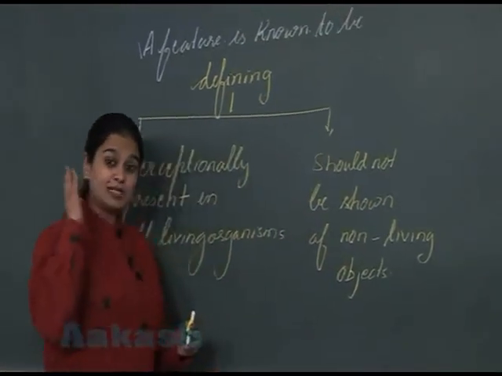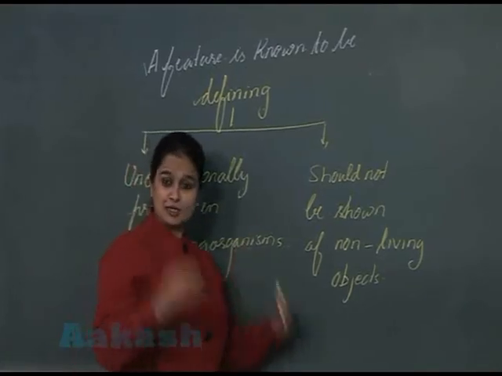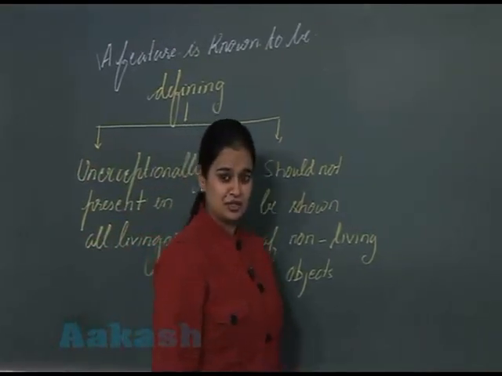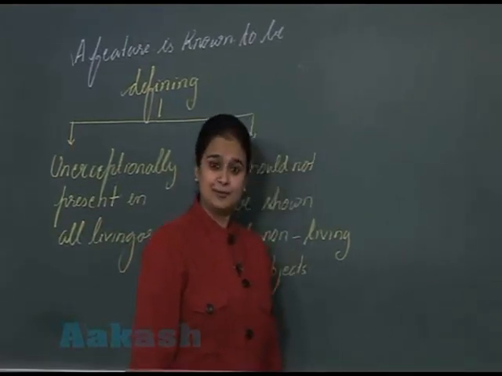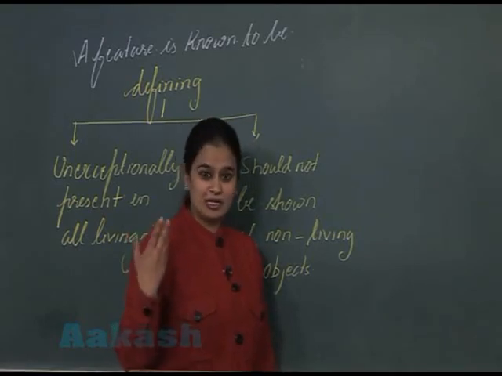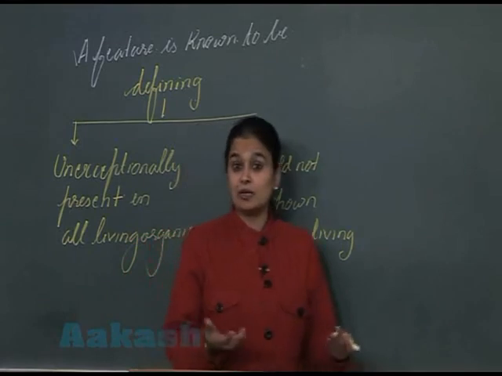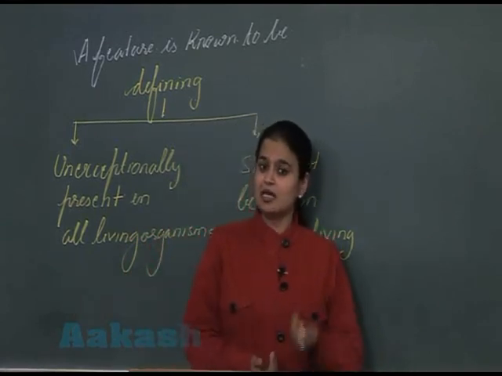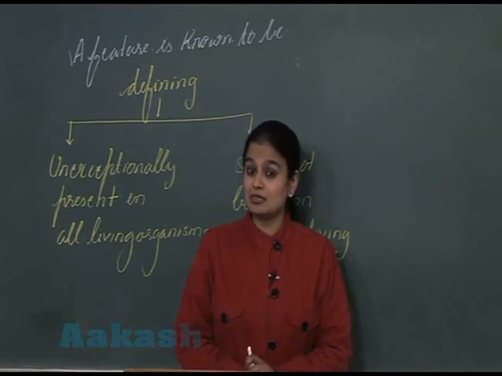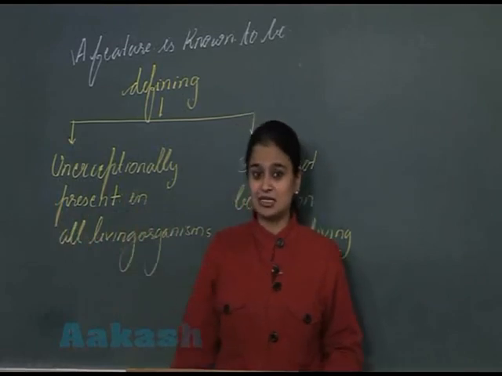So let's divert our attention towards the cellular structure now, related to whether it is a defining or a non-defining feature. What do you think over here? Yes, cellular structure is part of all the living organisms, but in non-living objects, the cellular level organization, cellular structure, is totally absent. So it means the cellular structure fulfills both of these criteria.